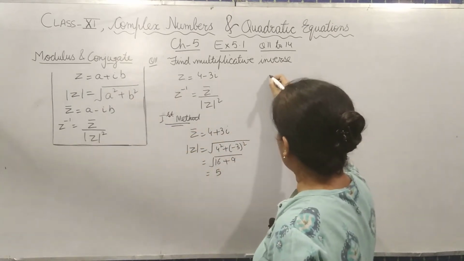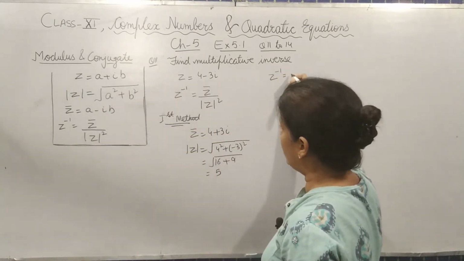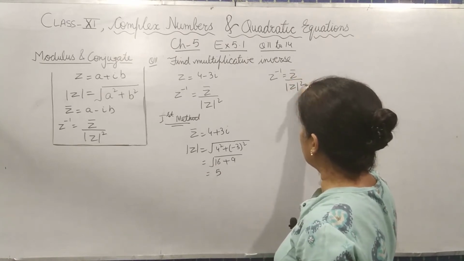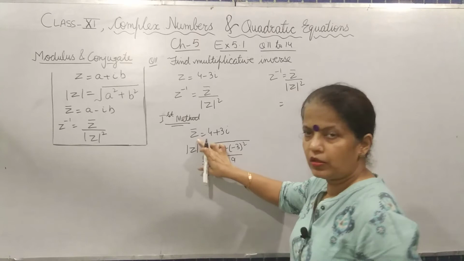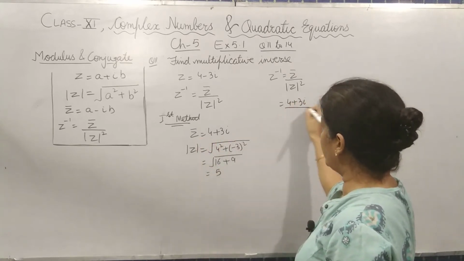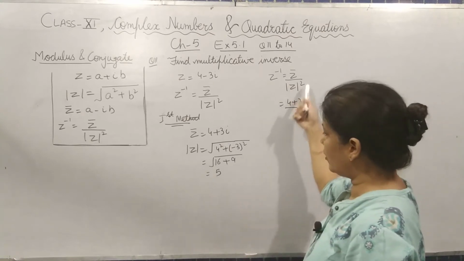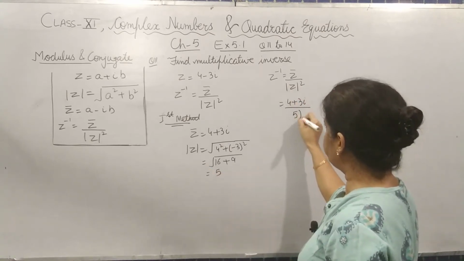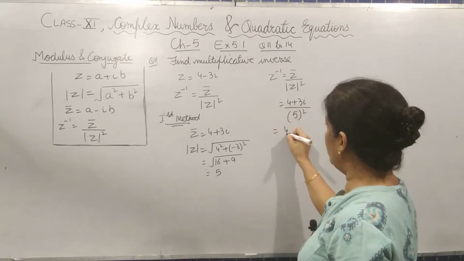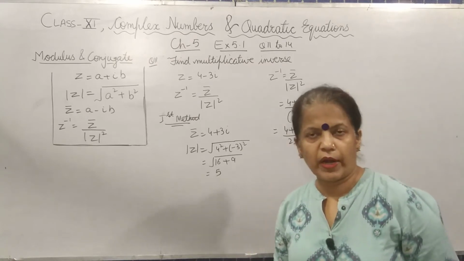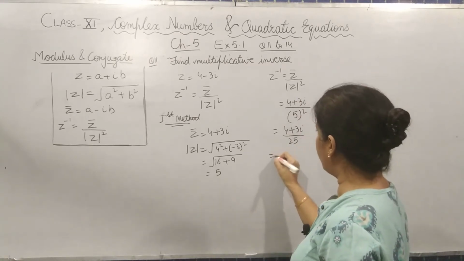Now for z inverse, apply the formula z bar upon modulus of z square. z bar you have got as 4 plus 3 iota, and modulus of z is 5, so its square. So you are getting the answer as this. Now write it in the complex form, so you will write it separately.